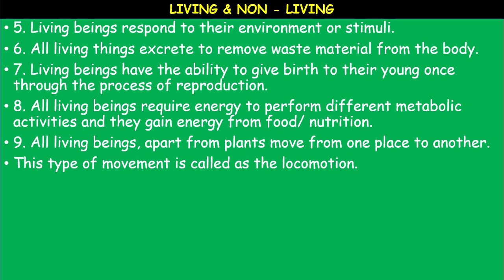The process of movement of an organism from one place to another is called locomotion. Different organisms use different organs for locomotion. They are called locomotory organs. We use our limbs. Amoeba moves with the help of pseudopodia. Paramecium moves with the help of cilia. Euglena moves with the help of flagellum. Like that, different organisms use different locomotory organs.